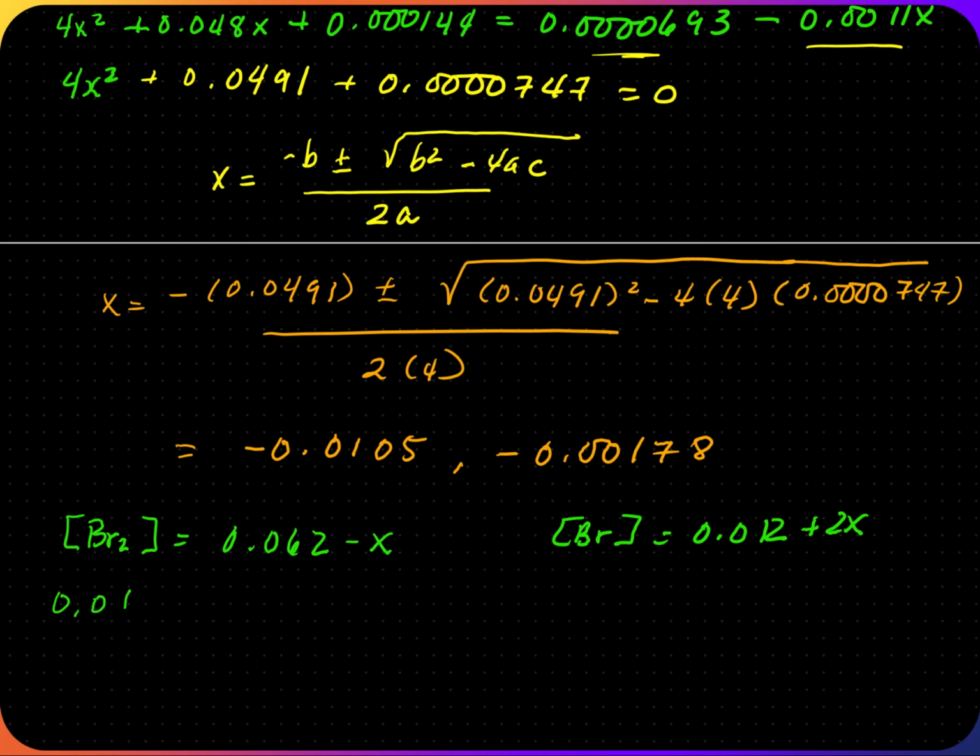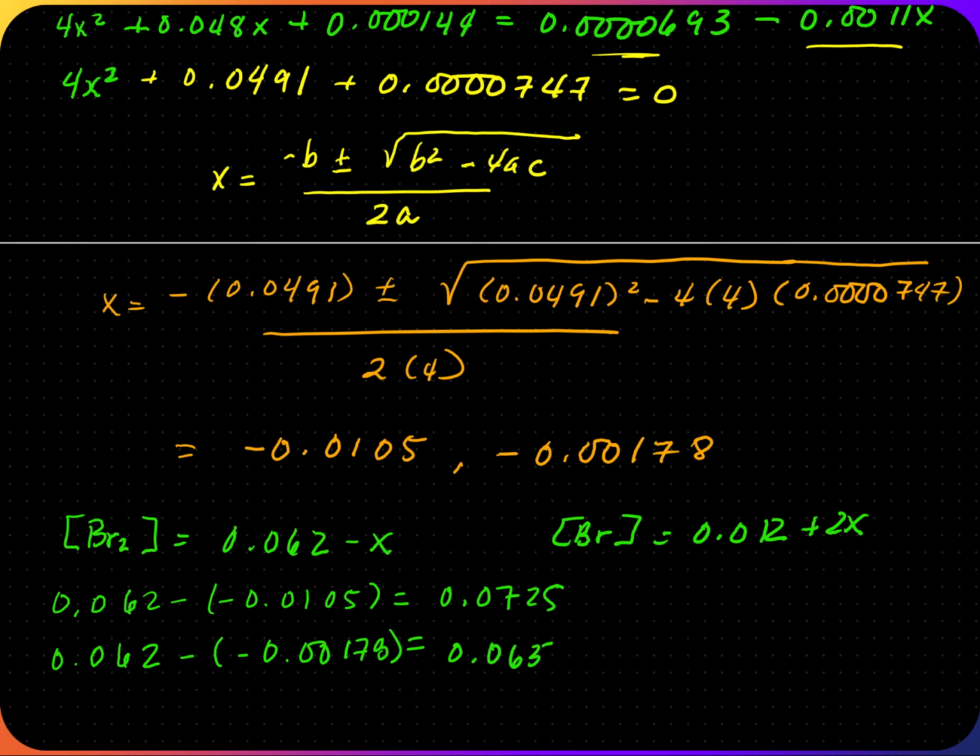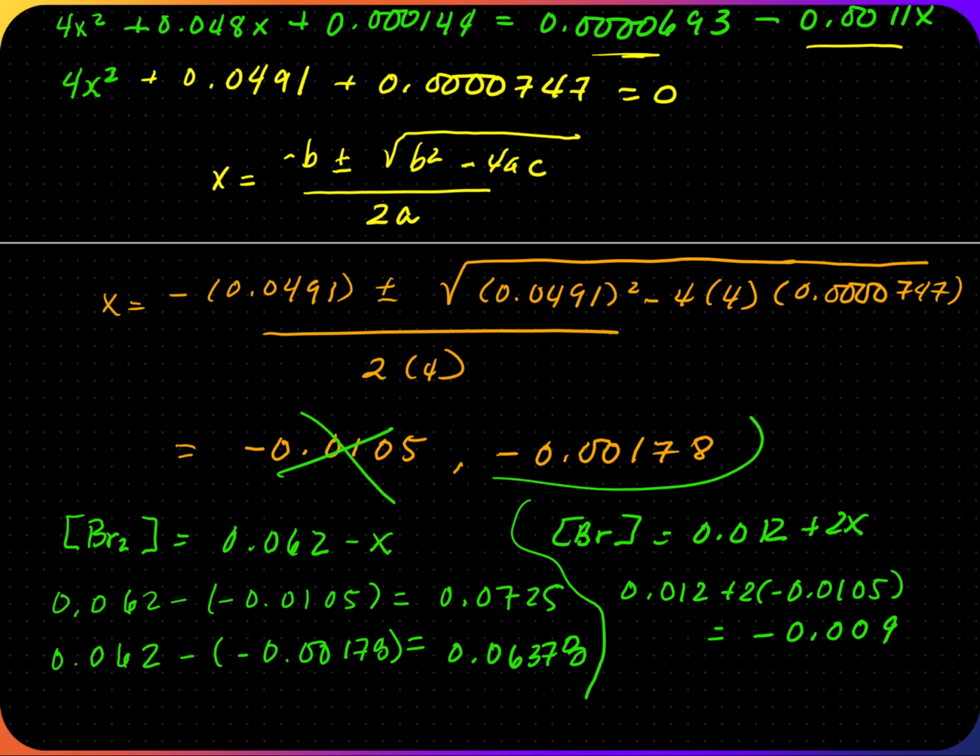So it's going to be 0.063 minus 0.0105, which equals 0.0735, and then 0.063 minus 0.00178, which is 0.06122. For the second one, it's going to be 0.012 plus 2 times negative 0.0105, which is negative 0.009. So we know that this is the wrong answer and this is the correct choice.